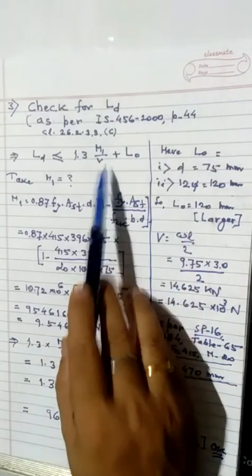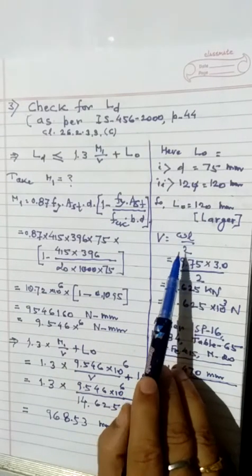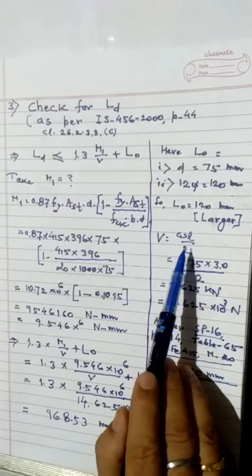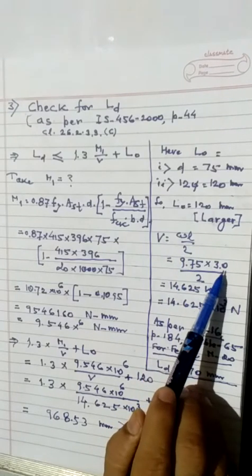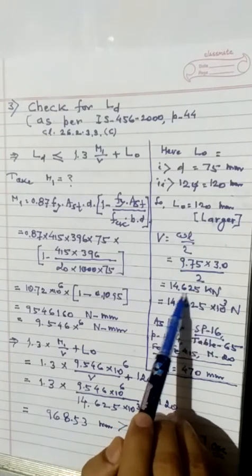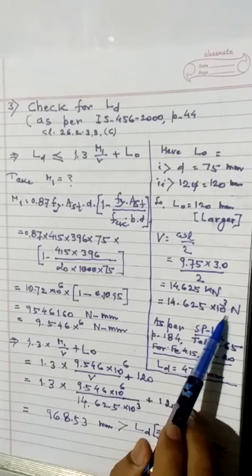Now this shear force V is equal to WL by 2 as in the case of a simply supported beam. So 9.75 is the given load, multiplied by 3, the shorter span, divided by 2, that is 14.625 kilonewton or 14.625 × 10³ Newton.